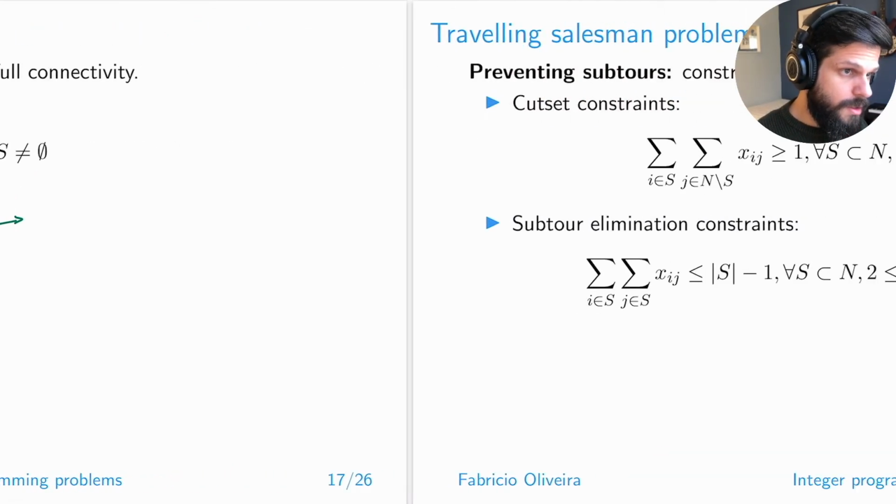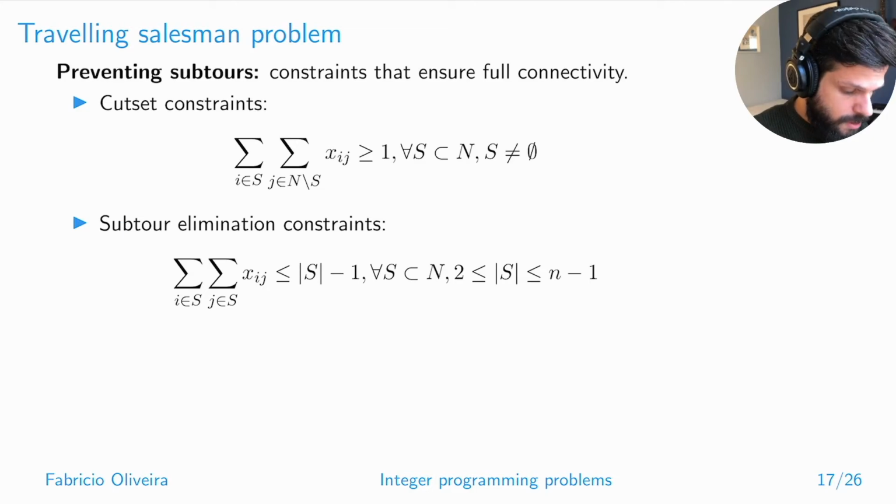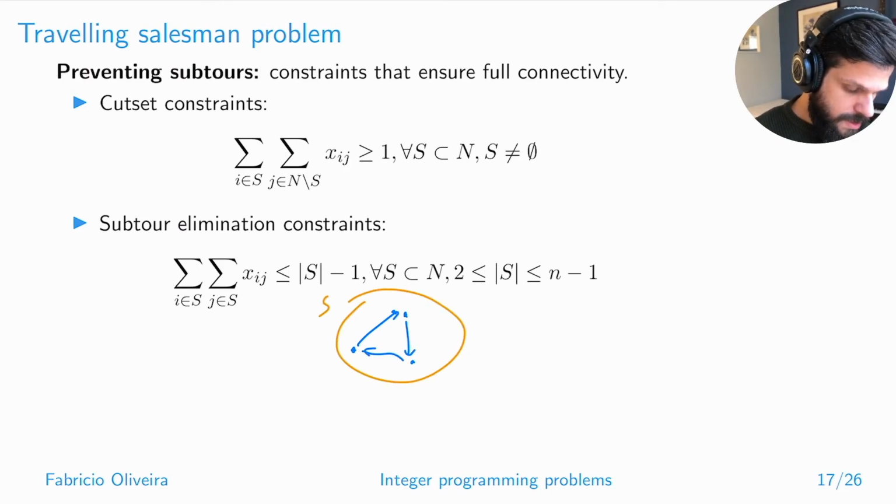The other one is called subtour elimination. You basically look at the number of arcs you have within a subset. The trick now is, if you have the same picture we had before, and you think of those potentially forming a subtour, what you say is that within the subset S, the total number of arcs you can have is the number of nodes minus 1.